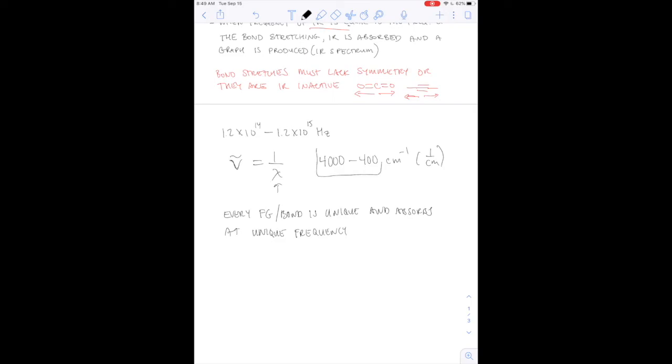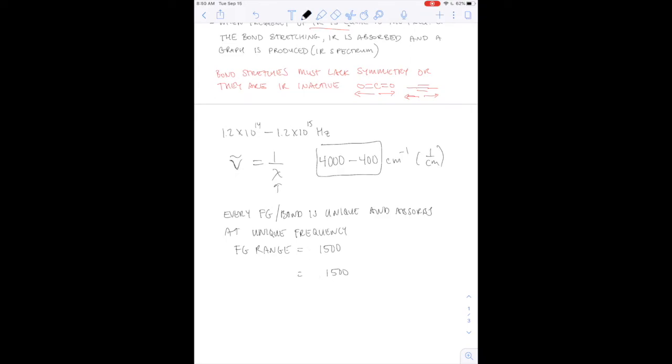And so what we end up getting is, again, the range between 4,000 to 400 inverse centimeters, but what we typically have is the functional groups range, or the area of interest, is basically 1,500 and up, so greater than or equal to 1,500, while anything that's below 1,500, wait, did I get those mixed up?